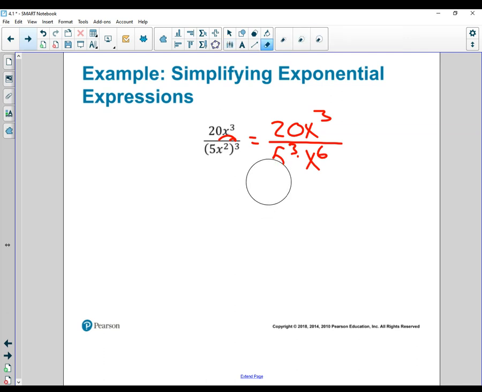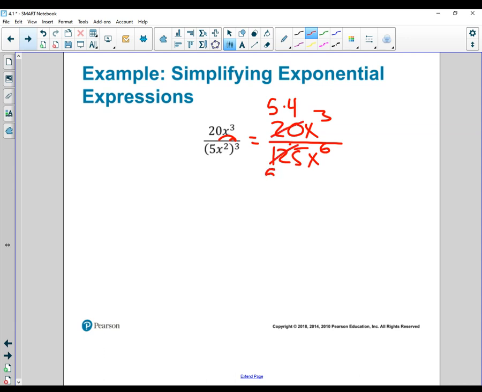5 to the third, 5 times 5 times 5 is 125, so 125 x to the 6th. Power goes to both, and then power to power, you multiply. 2 times 3 is 6. 20 is 5 times 4, and 125 is 5 times 25. 5s are going to cancel. 3 x's here cancel with 3 x's here.